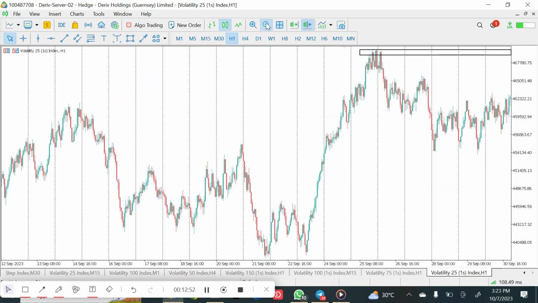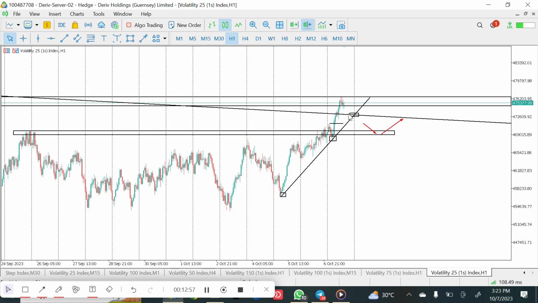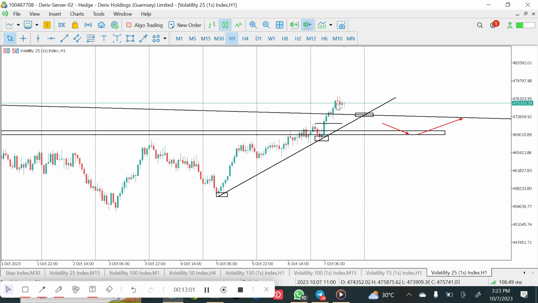So going to the 1 hour time frame, our time is almost up. The 1 hour time frame, we can see that market is reacting so well, and it's giving us a very nice trend line. Okay, so I expect a push down.